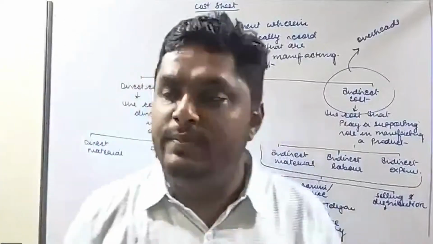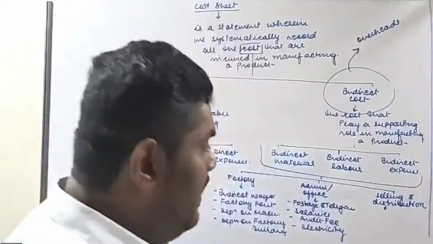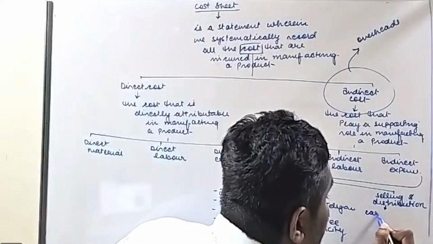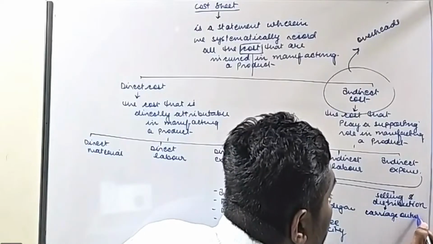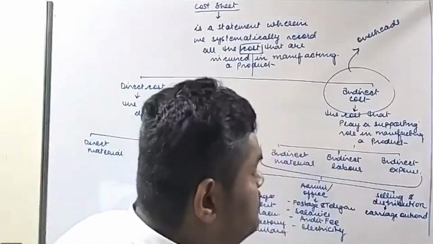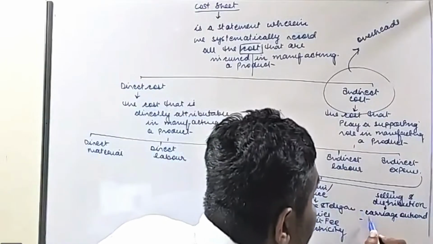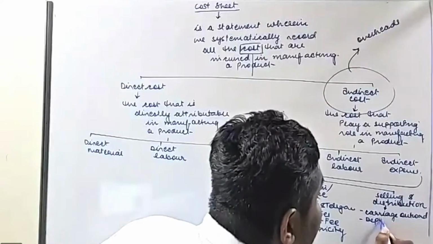Further, selling and distribution, again, it will be carriage outward. It can be depreciation on delivery vans.